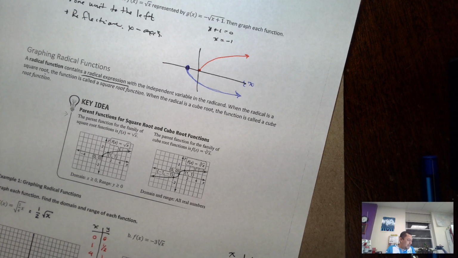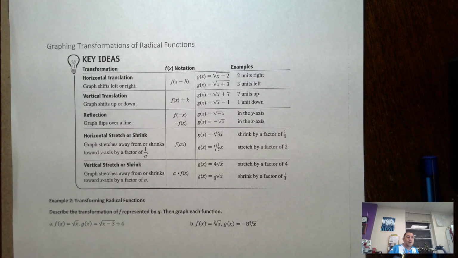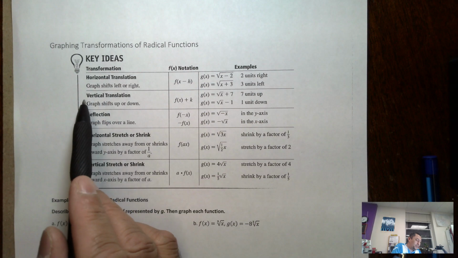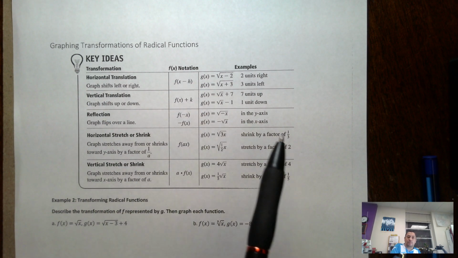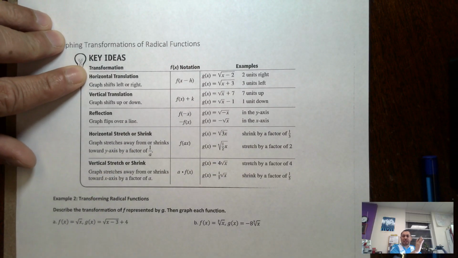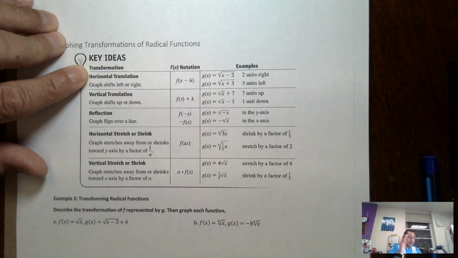Now we're going to have some definitions. We have our table of graphing transformations: horizontal translation, vertical translation, and the different forms that we have. Horizontal translation means it moves along the x-axis.